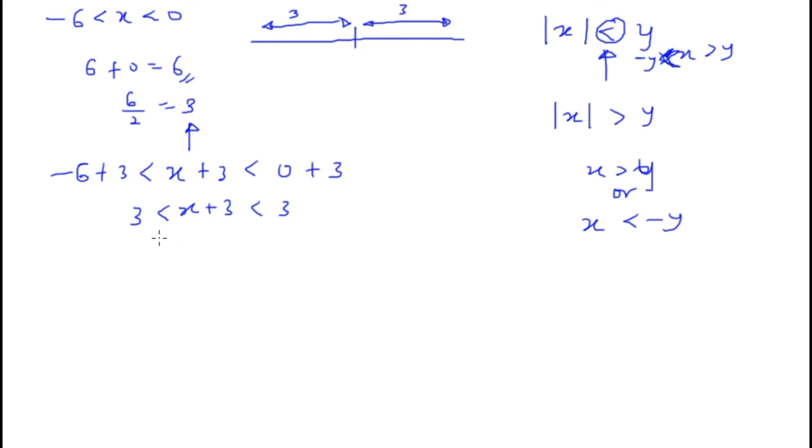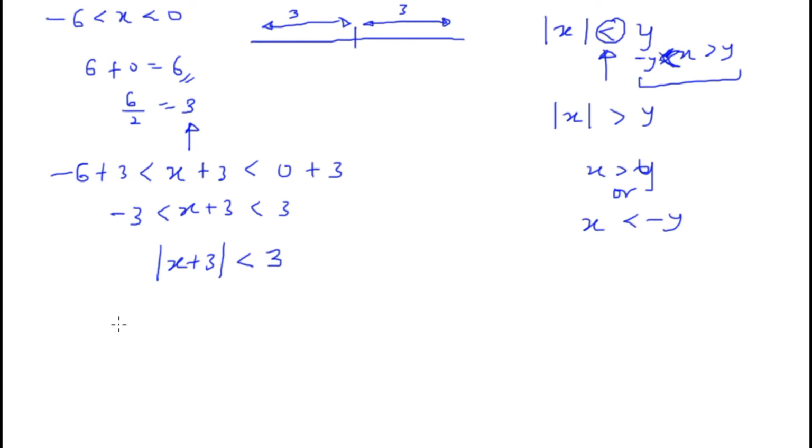Since I now have this, remember that what this actually means is from this. That means I'll have the absolute value of x plus 3 to be less than 3.